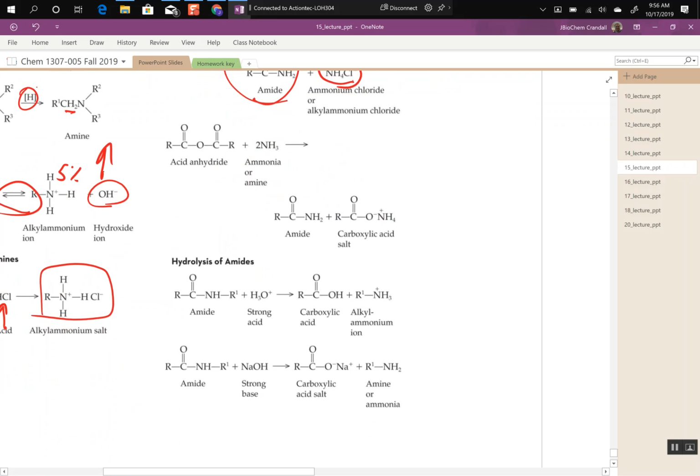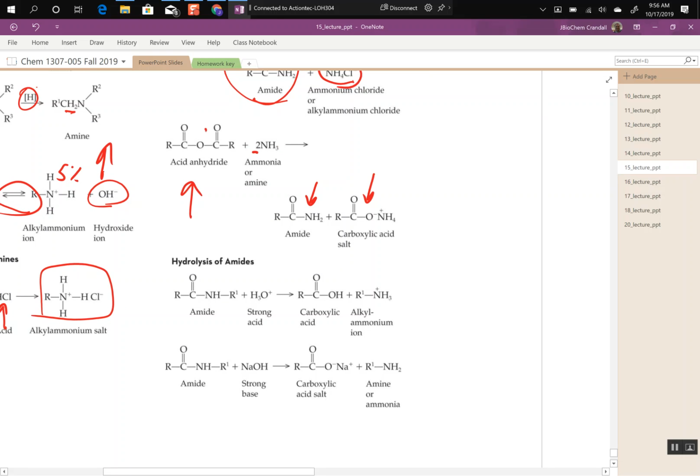If it's an acid anhydride, once again, how many amines do I need? 2. And as far as the molar ratio goes, right? I need a coefficient of 2 in this reaction. And I'm going to form the amide and a carboxylic acid salt.